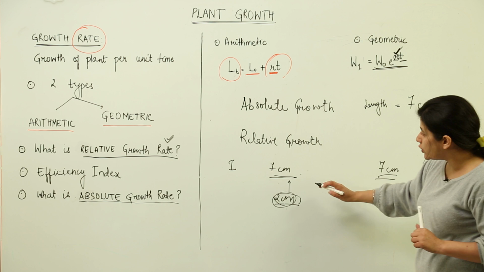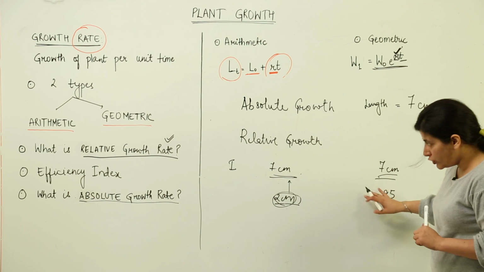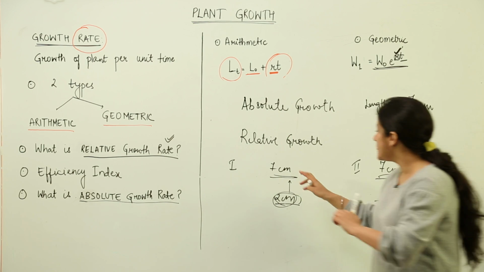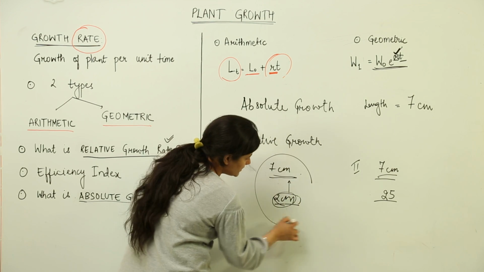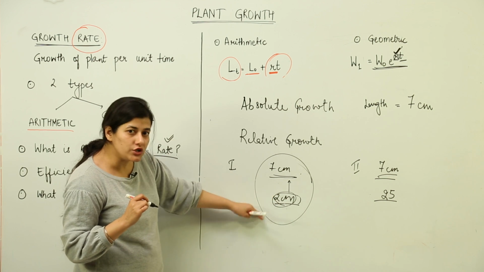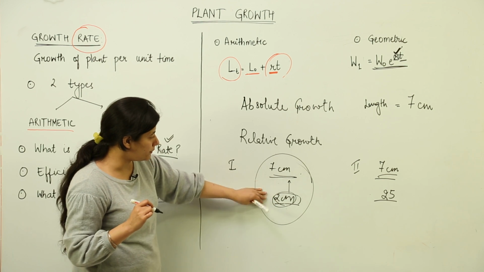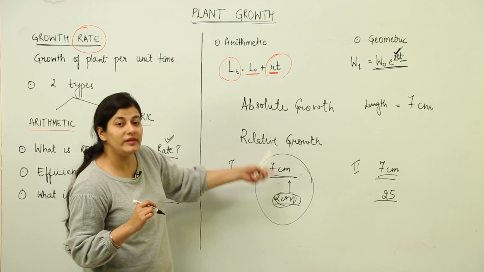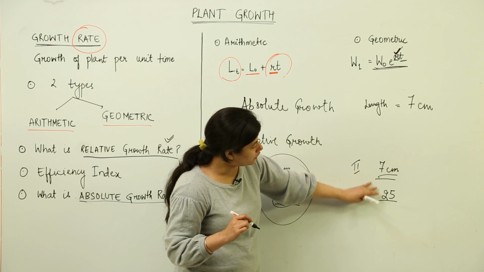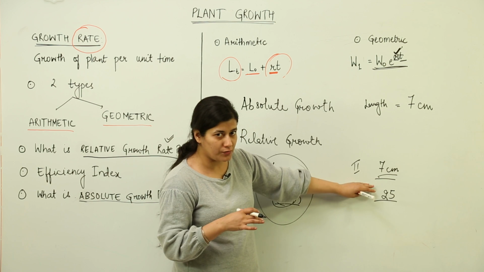So the relative growth in terms of both plants that we have taken into consideration, we are talking about the stem length, is much higher in this case, because we are considering a parameter that was initially present. We are comparing the particular growth parameter with another one that was initially present, and in this case, as you can see, the growth appears to be quite less.